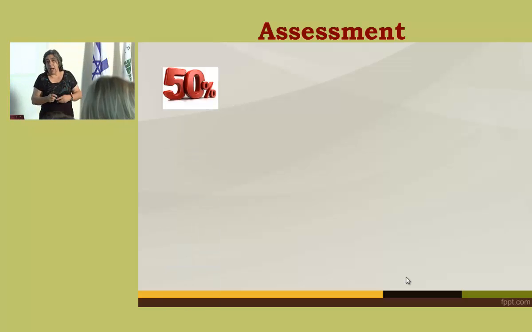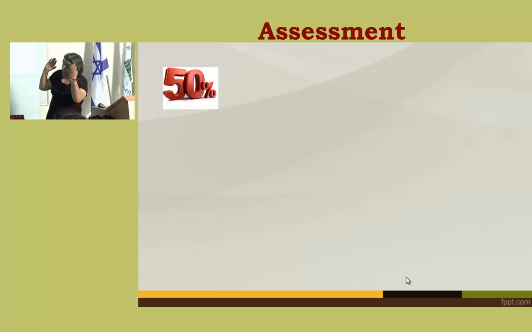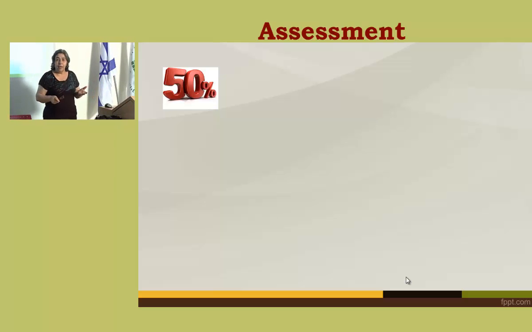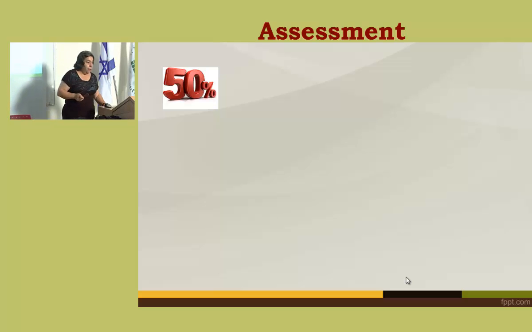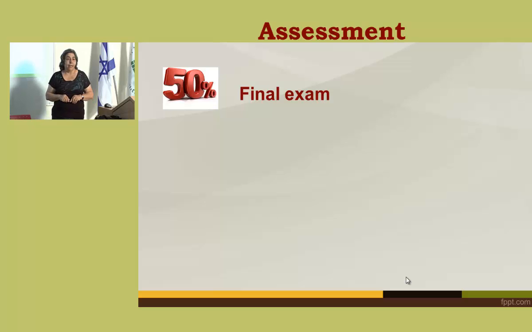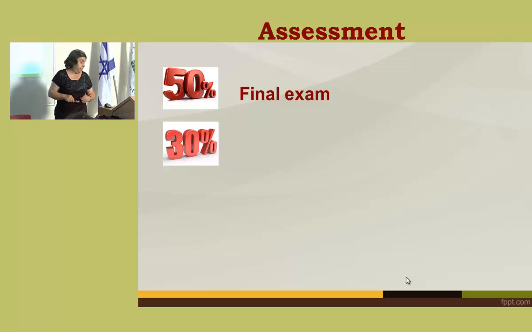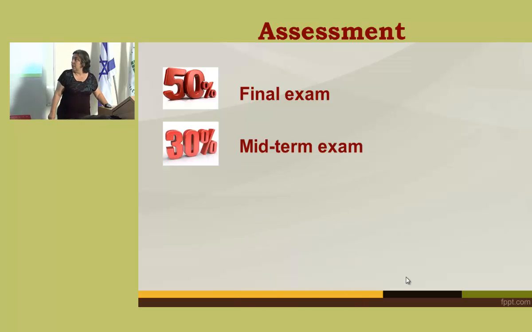Assessment. How will we give you your grades? 50% for what? What do you think has the most weight? Final exam, of course. 50% final exam. Next. 30% what? Midterm. Yes. Midterm. 15% for what?